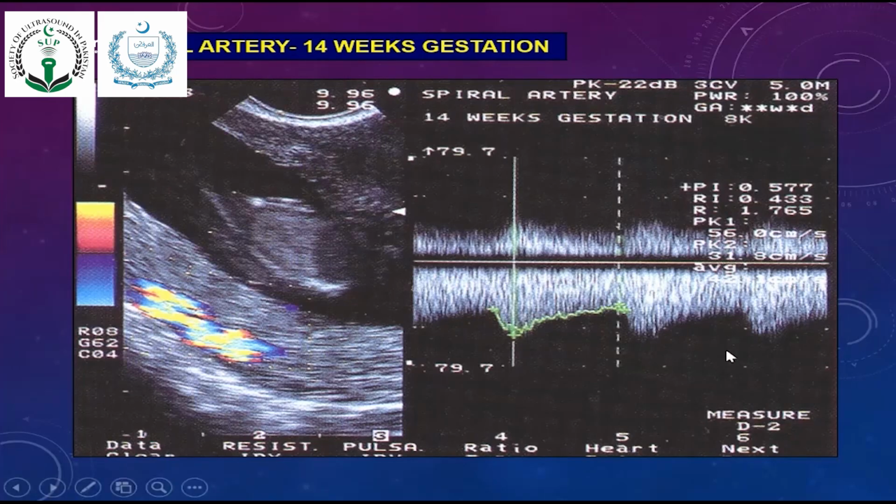In this case, you can see the PI is 0.5, RI is 0.4, and it is 14 weeks of gestation.